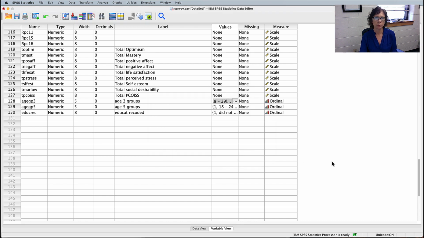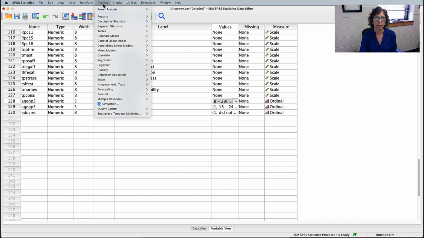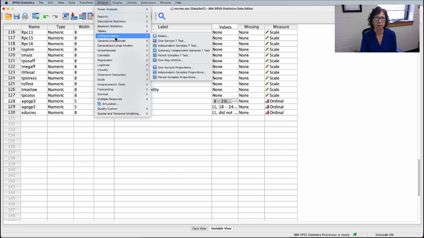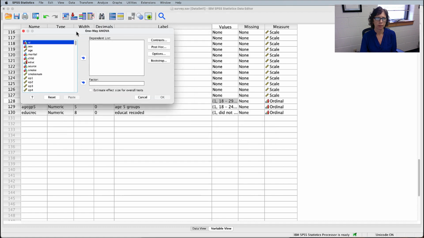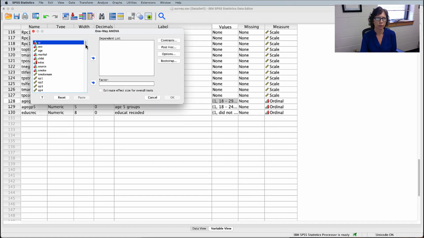Looking at those, what we're going to start with is a basic ANOVA. We'll go to Analyze and Compare Means, and then down to One-Way ANOVA. Here we're going to put total optimism in the dependent list, and for the factor we want the age group 3.